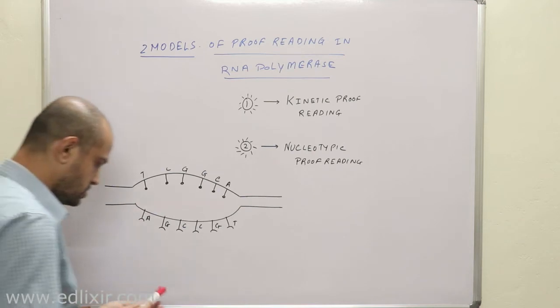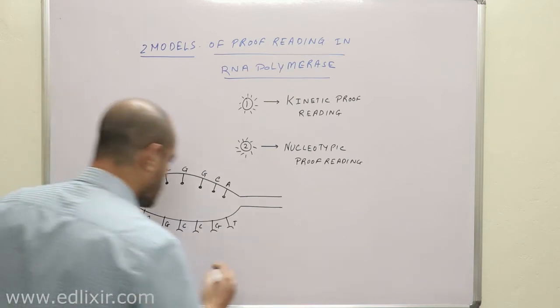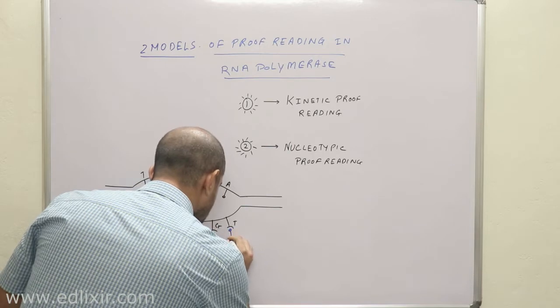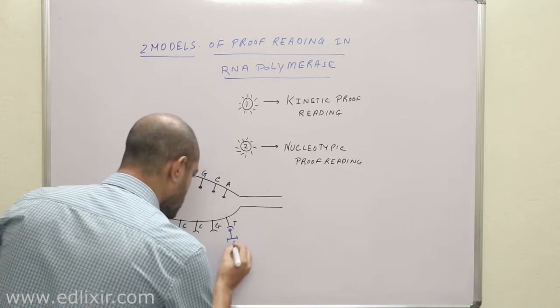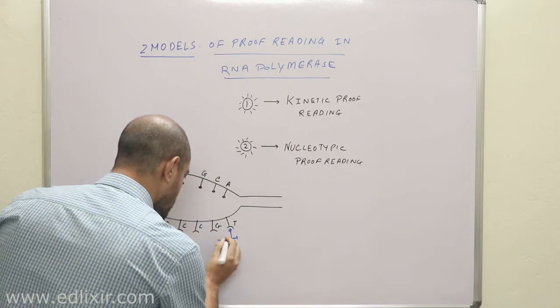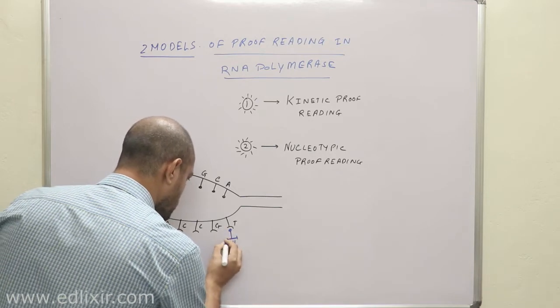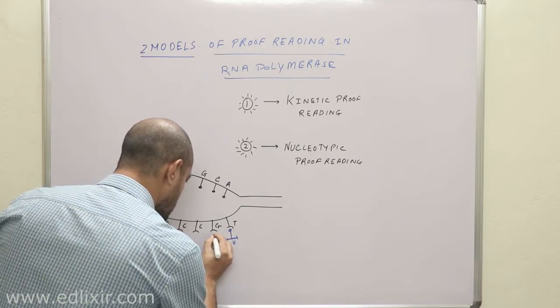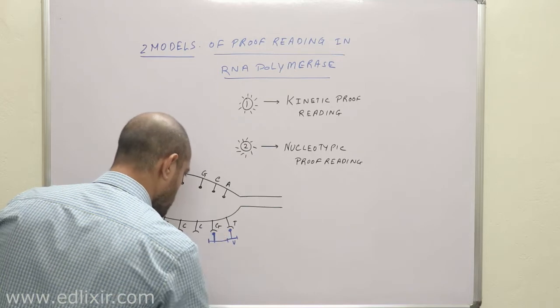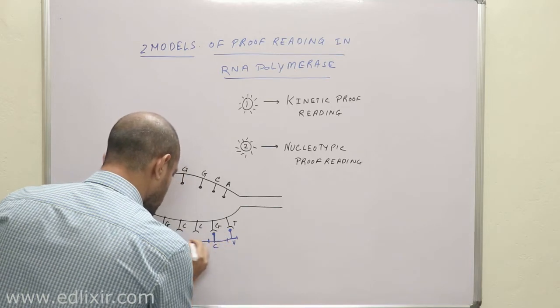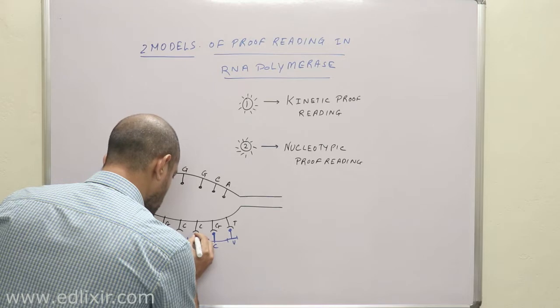Now suppose again this is an RNTP, what? This is uracil, this is another RNTP, right? What is this? C, this is another RNTP, what is this?